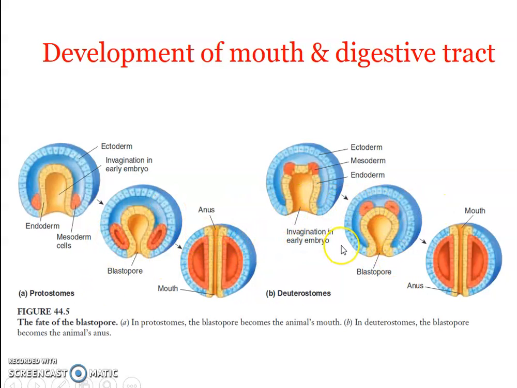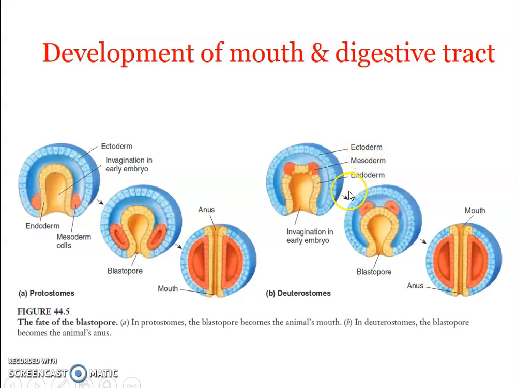Protostomes have a spiral cleavage and determinate development. Determinate development means each cell in the embryonic stage is already destined to become a specific part in the full grown individual. So if we remove a particular cell during embryonic development, that particular organ will be missing in the fully grown individual.